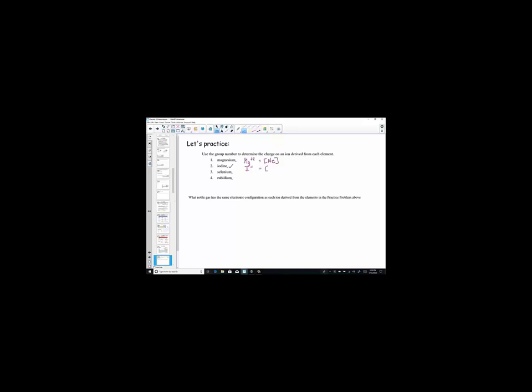It has the same number of electrons as the noble gas xenon. Iodine is number 53. Xenon is number 54. Let me go back here. 53 to 54, showing the iodine gaining an electron to become isoelectronic.